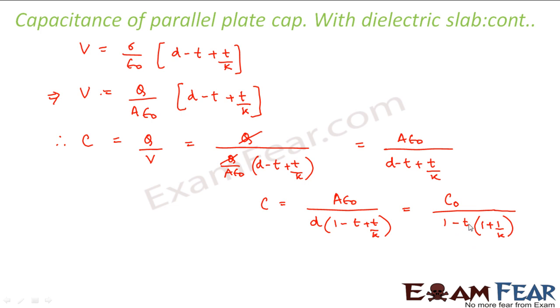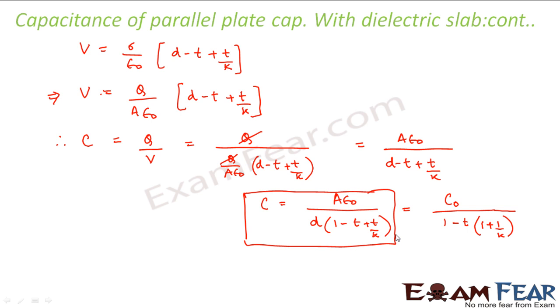So this becomes the value of the capacitance. Here also this thickness T has to be very small, because of which the capacitance C will always be greater than C naught, the initial capacitance. So this is how the capacitance gets affected when a dielectric slab of thickness T and dielectric constant K is introduced. Another important factor that plays a role is the dielectric constant.